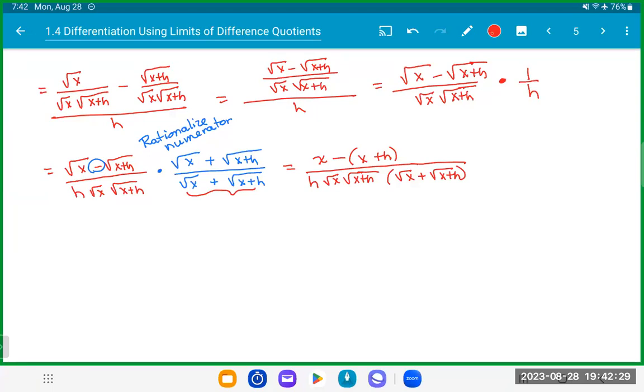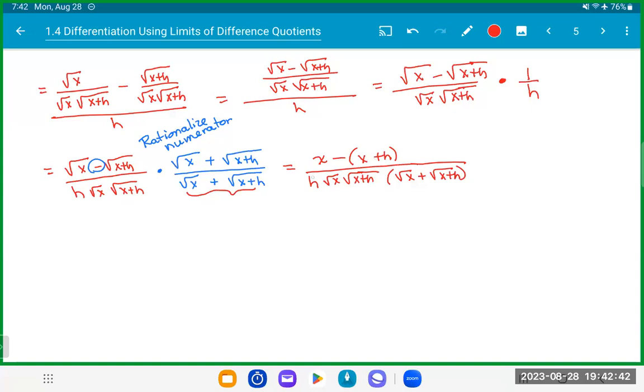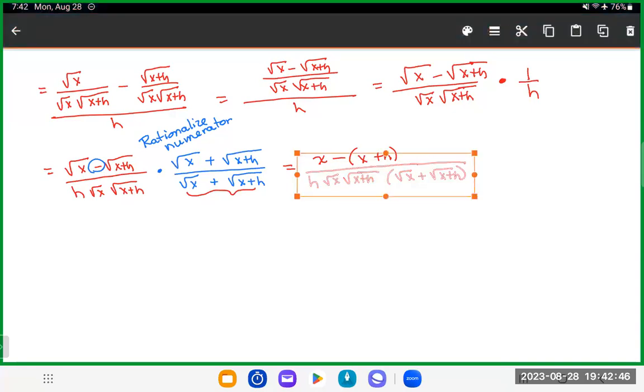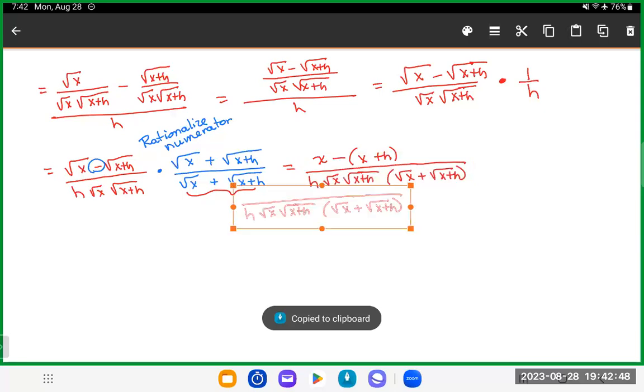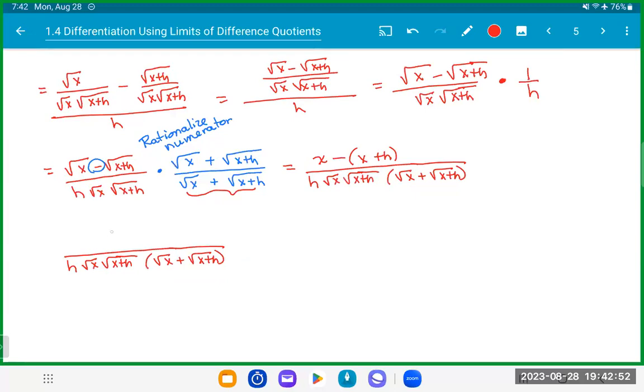So now I distribute this negative to both pieces. That's going to give me x minus x minus h, so those are going to go away. Our denominator is going to stay the same, but our numerator is going to be just this negative h. Okay.